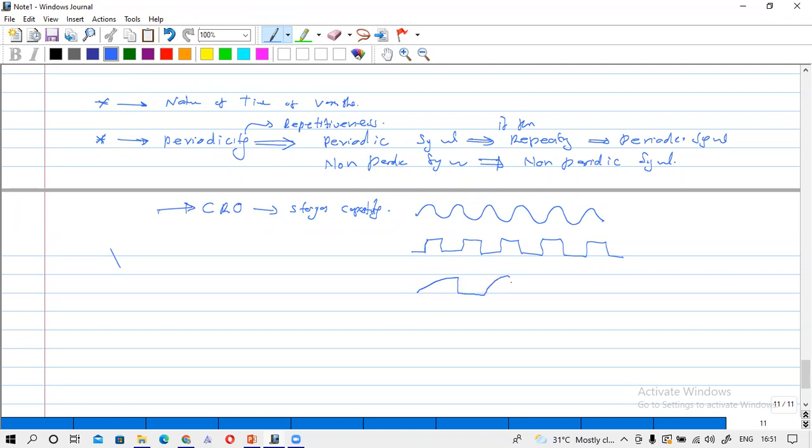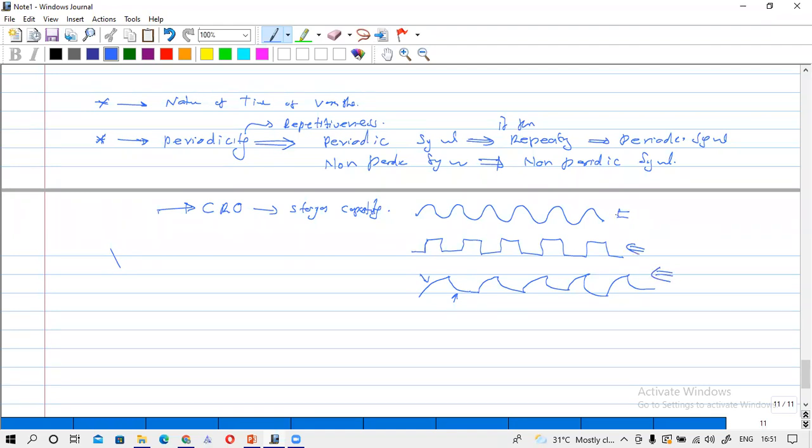That may be a capacitor charging and discharging curve. The capacitor is charging here and discharging here. I think you have seen this kind of signal using the CRO oscilloscope.